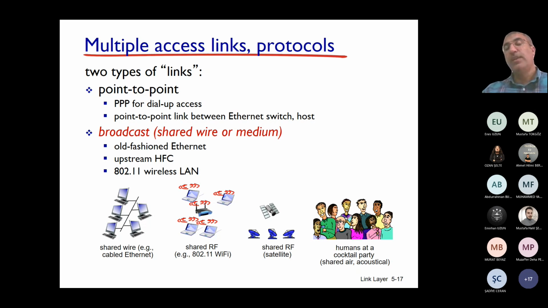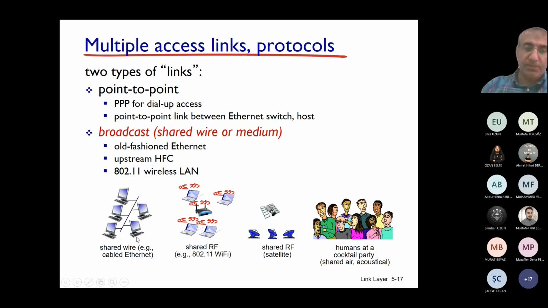And we have another type called broadcast links, and this is used in old-fashioned Ethernet, upstream hybrid fiber and copper links, and 802.11 wireless LAN, Wi-Fi.